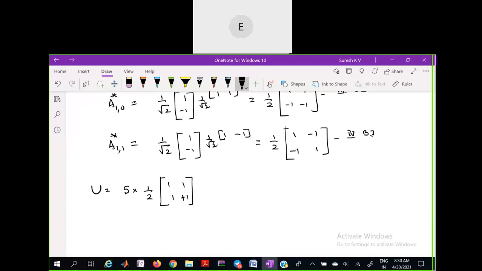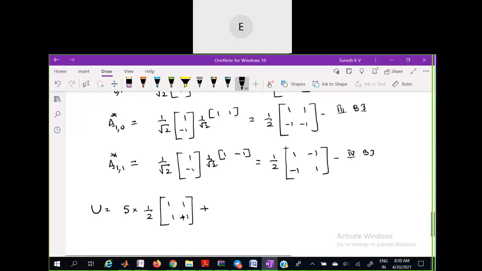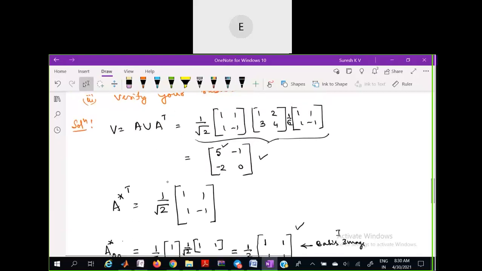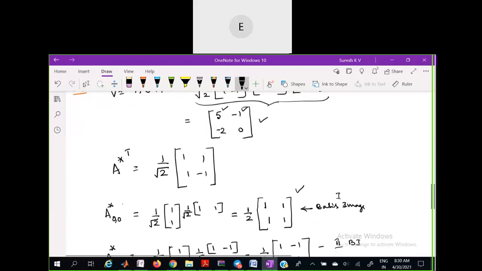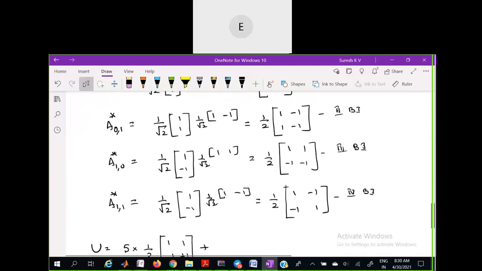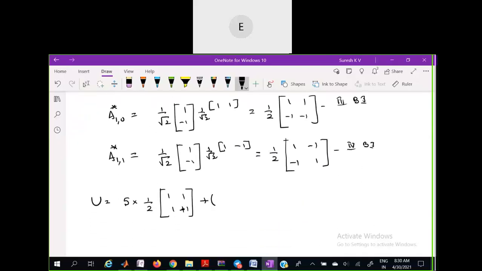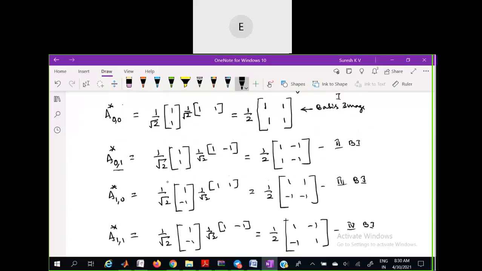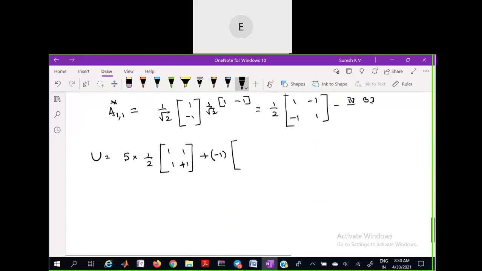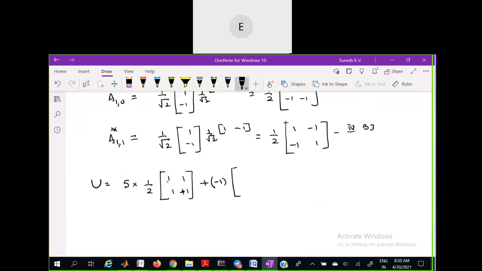Then plus, what is the second coefficient? It is minus 1, which is 0th row, first column. So it is minus 1 into the corresponding basis image, which is half into 1 minus 1, 1 minus 1.